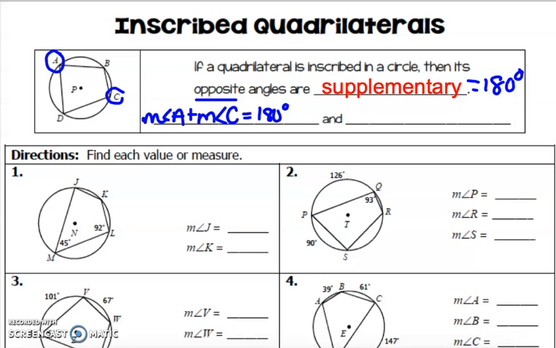You also have another set of opposite angles, B and D. So let's write another equation. I'd have the measure of angle B plus the measure of angle D is going to equal 180 degrees. So opposite angles of an inscribed quadrilateral are supplementary, or 180. So let's look at some examples.